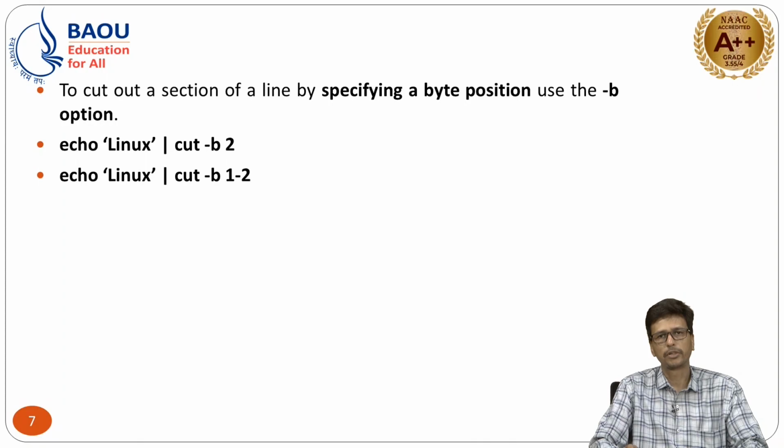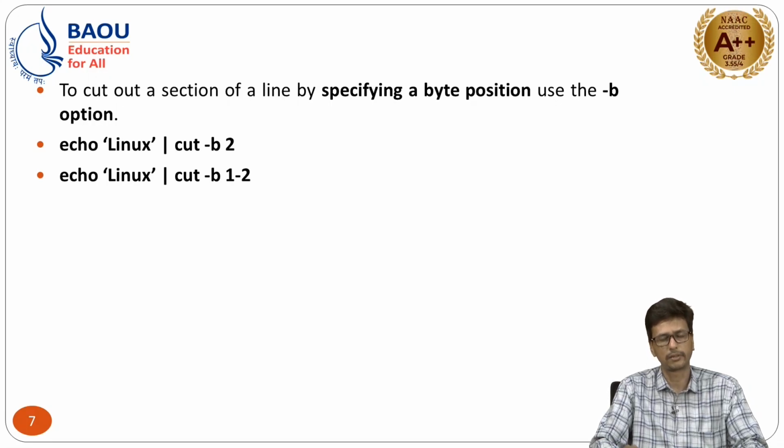Same way, suppose you are requiring 2 bytes starting with the first one. In that case you specify the range 1-2. So here the first 2 bytes will be represented with the help of this command. Pipeline, that you are already aware, if you want to merge multiple commands, you use the pipeline symbol.